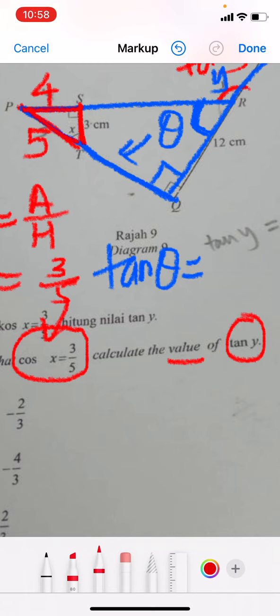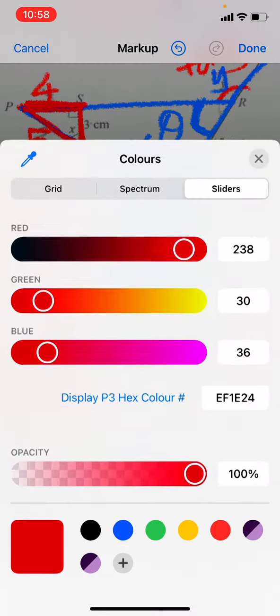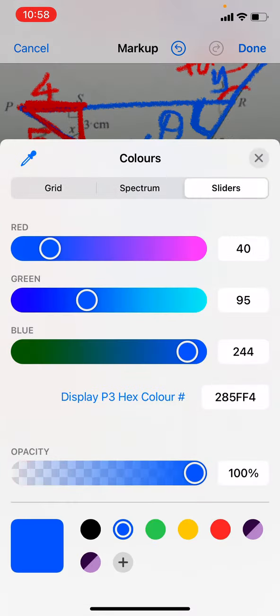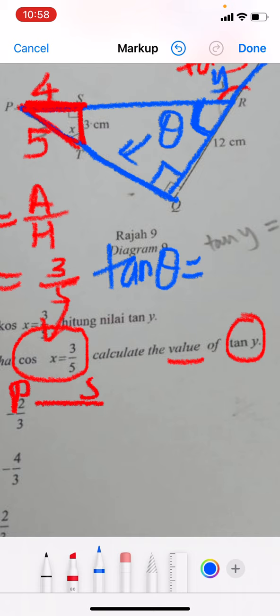If I compare PS, from P to S, I'll draw PS here. Then for the blue triangle, I will focus on PQ. This is how we compare P to Q, right? You are given PS 4, so we need PQ so that we can find tangent theta.